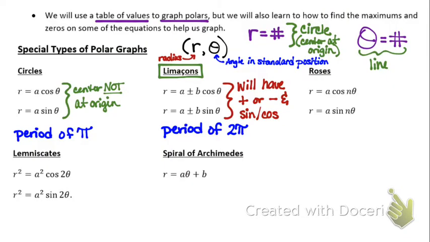All right, so for our roses, we're going to write down a couple things here. If n is odd, there are n petals, and we have a period of 2 pi.